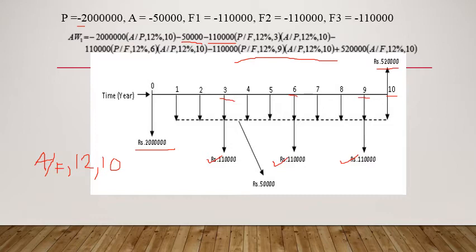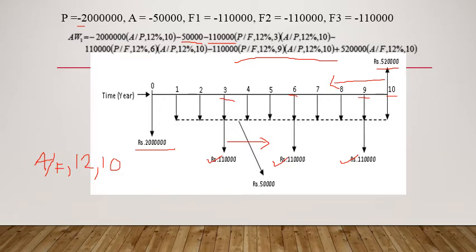See, now whenever you have a cash flow, if you treat that as P and if you convert that into A, it flows forward. If you have any cash flow as F and if you convert that into A, it flows backward.